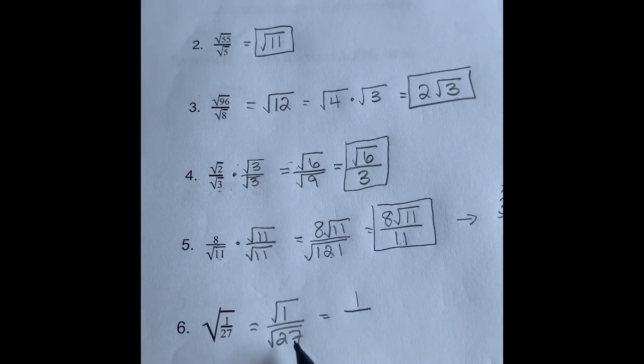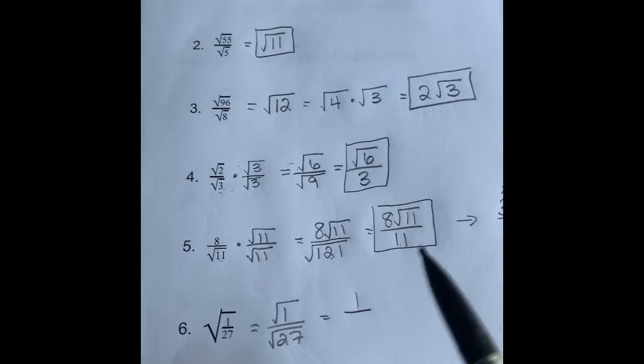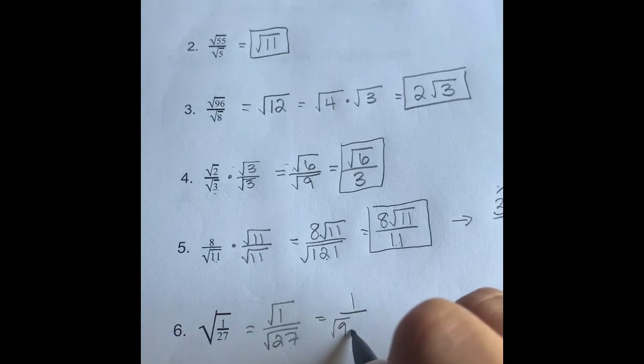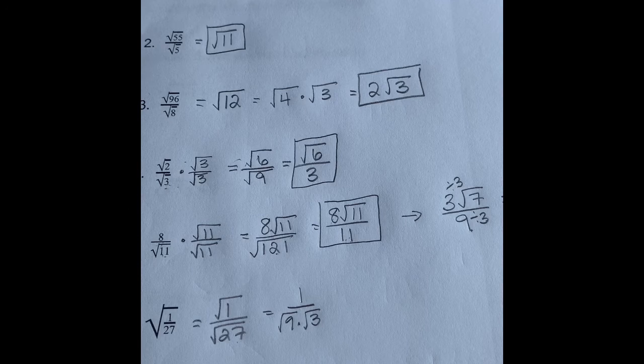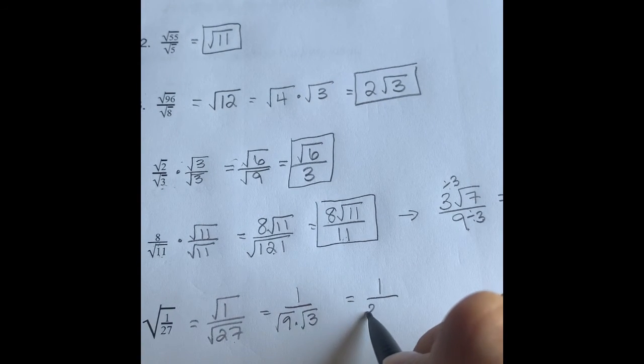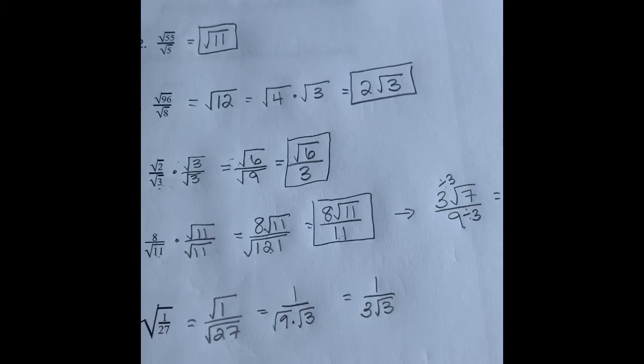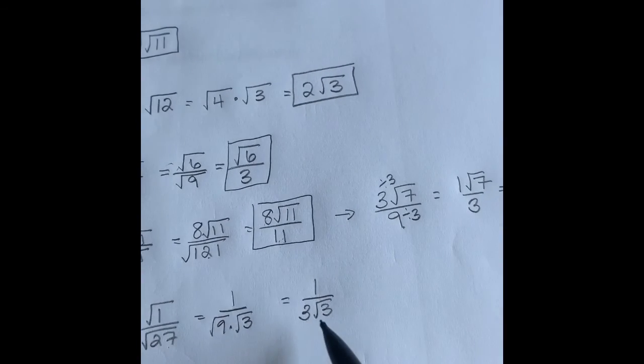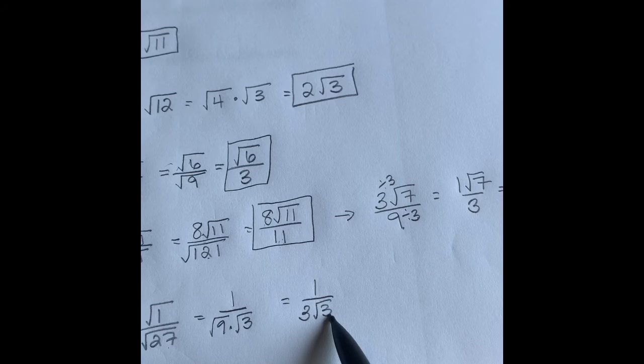What I suggest you do is to simplify this first. So we can split 27 into 9 times 3. So we have 1 over the square root of 9 times the square root of 3. So then that gives us 1 over 3 square root of 3, since the square root of 9 is 3, which is okay except for the fact that we can't leave the square root of 3 down there.